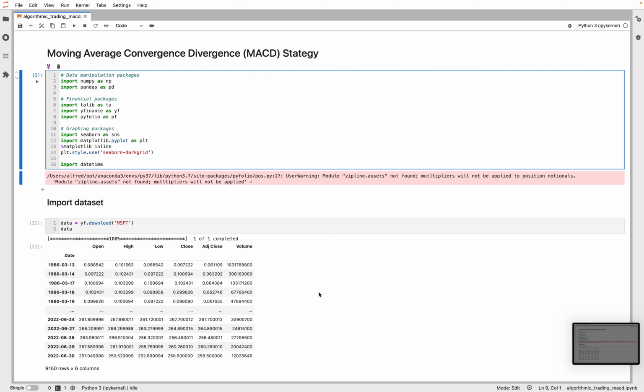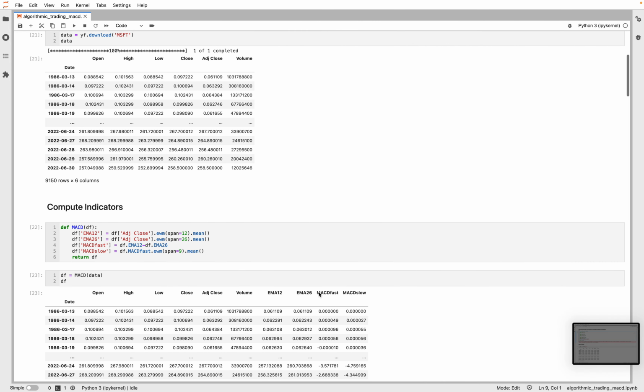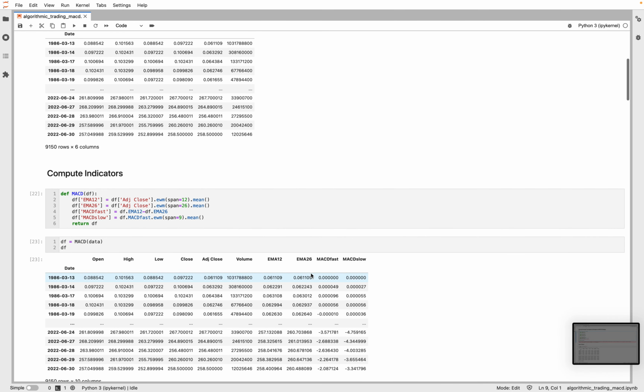Now, we shall implement the MACD strategy. The first few steps are identical to my previous videos of algorithmic trading, so I will not repeat them over here. We shall define a MACD function to implement the MACD definition as we just explained.